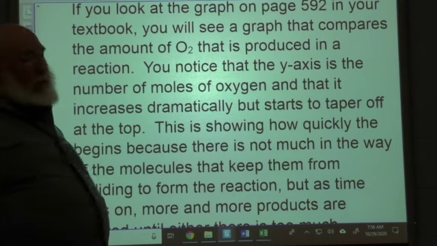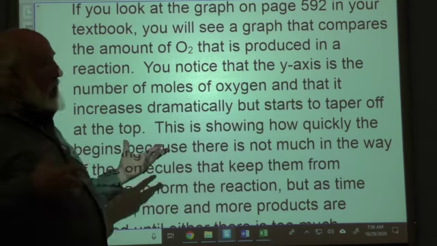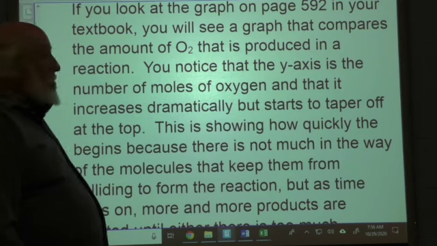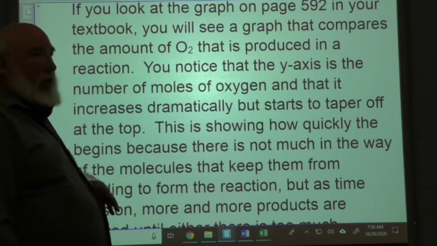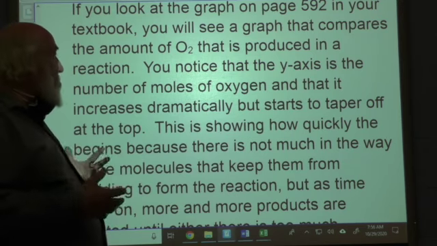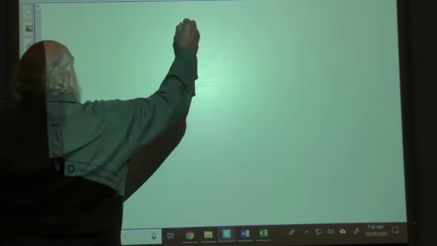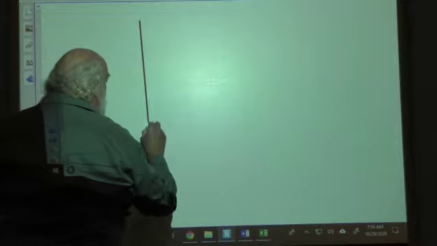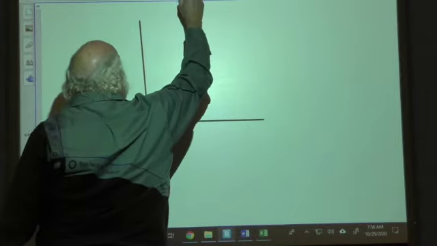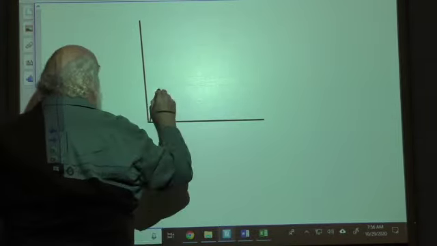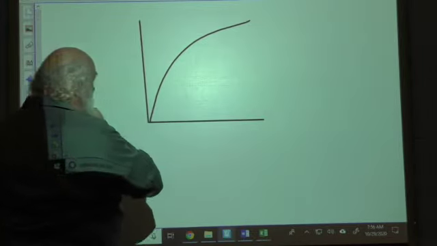Now, there's a graph in your book on page 592 that shows oxygen being created in a particular chemical equation. The graph for that particular one looks something like this. Starts here, and then does this kind of thing right here.